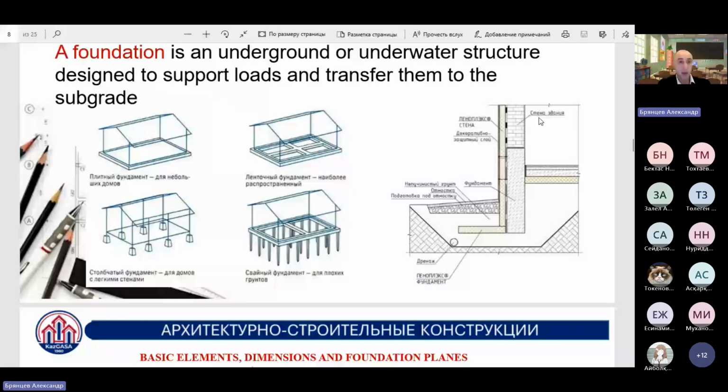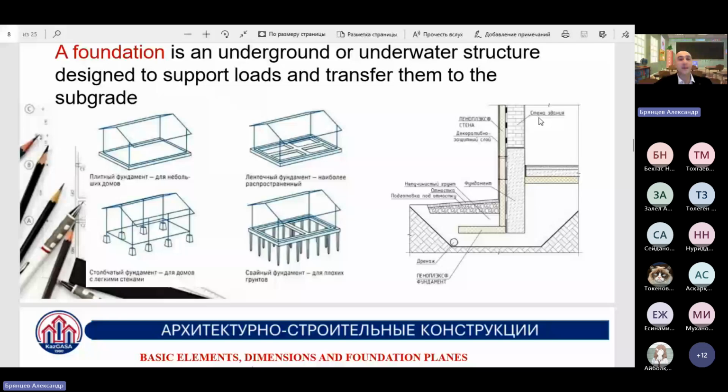Pier foundation, also called column foundation. This is a system of separately located piers or columns under concentrated loads or light structures, for example. Mostly these types of foundations are applied for production industrial buildings with large spans between the main vertical constructions.